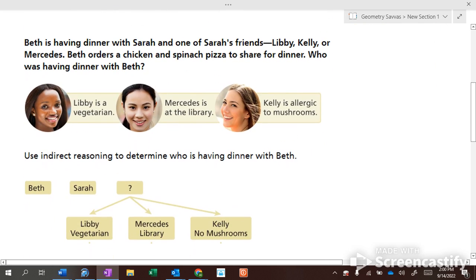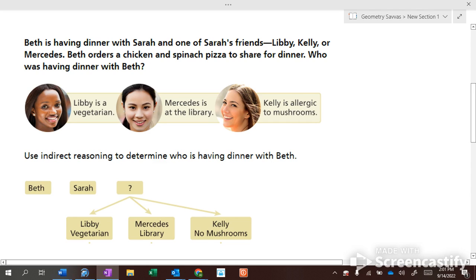All right. Beth is having dinner with Sarah and one of Sarah's friends, either Libby, Kelly, or Mercedes. Beth orders chicken and spinach pizza to share for dinner. Who's having dinner with Beth? Now we know Libby is a vegetarian, Mercedes is at the library, and Kelly is allergic to mushrooms.